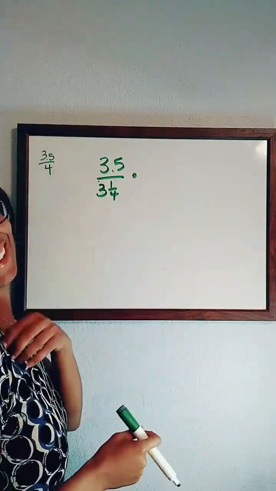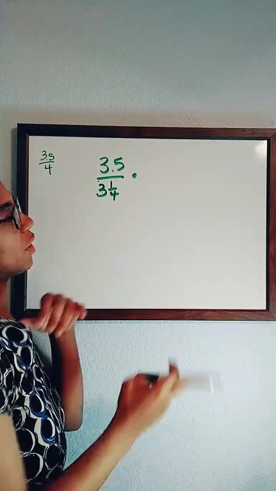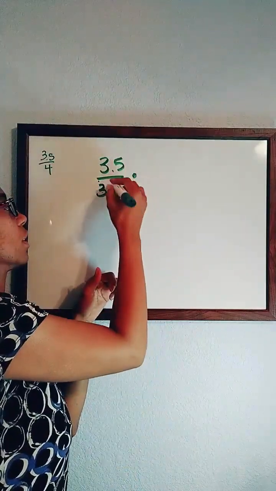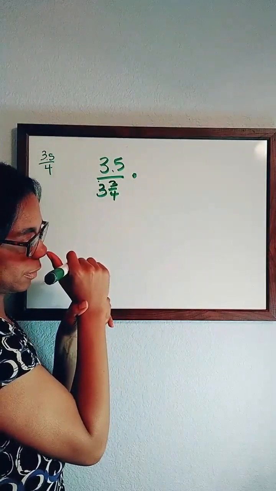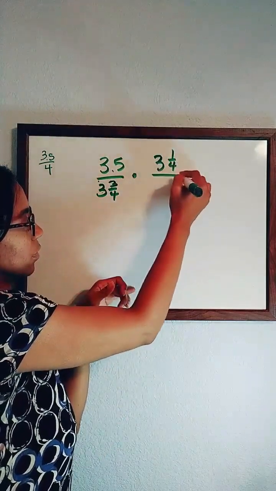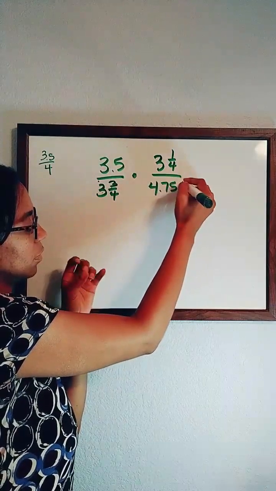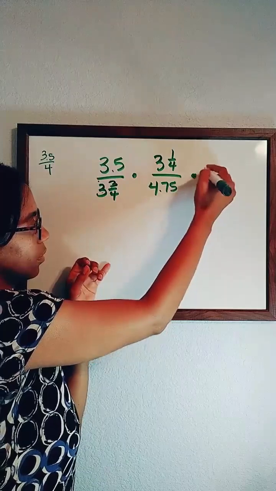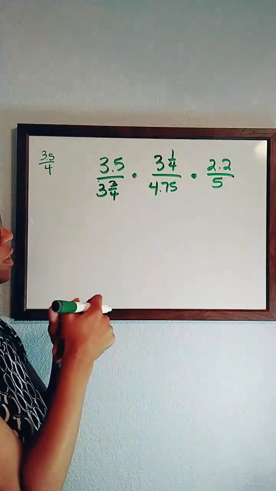3.5 over 3 and 3/4, times 3 and 1/4 over 4.75, times 2.2 over 5. You know you're gonna be like, good night, because I don't even know what this means.